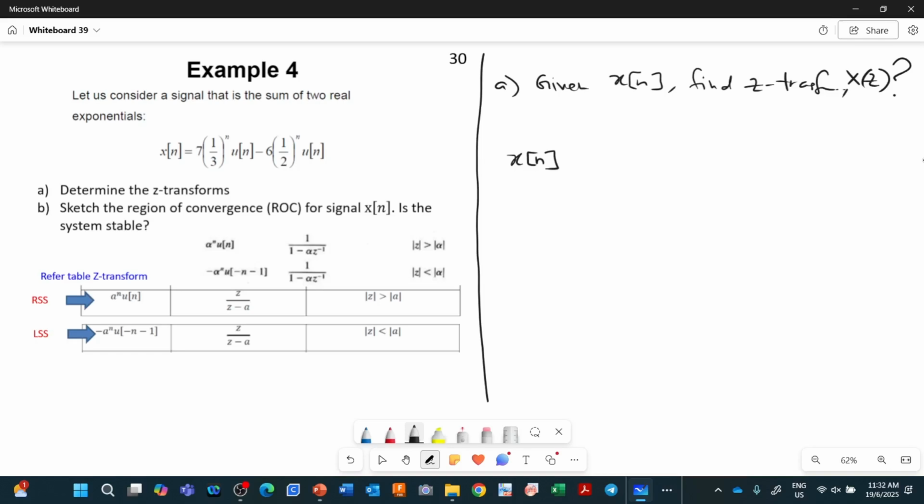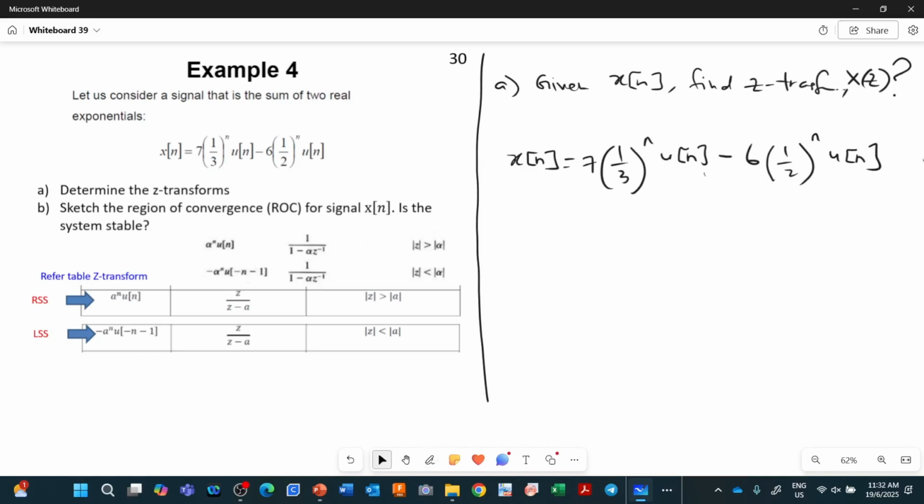That's all. Okay, x[n] equal to 7 (1/3)^n u[n] minus 6 (1/2)^n u[n].